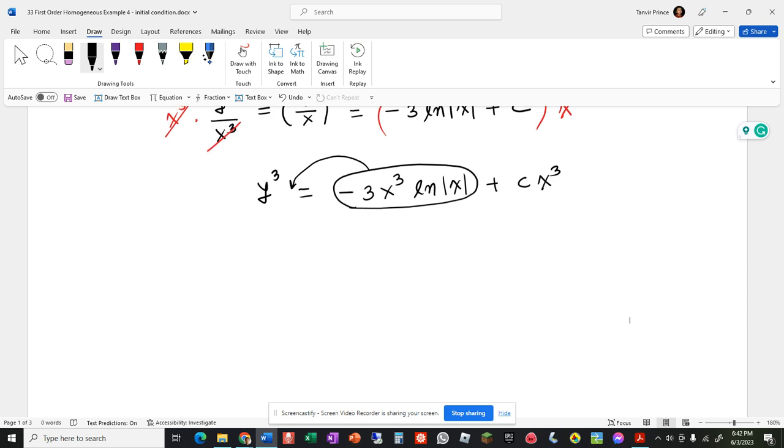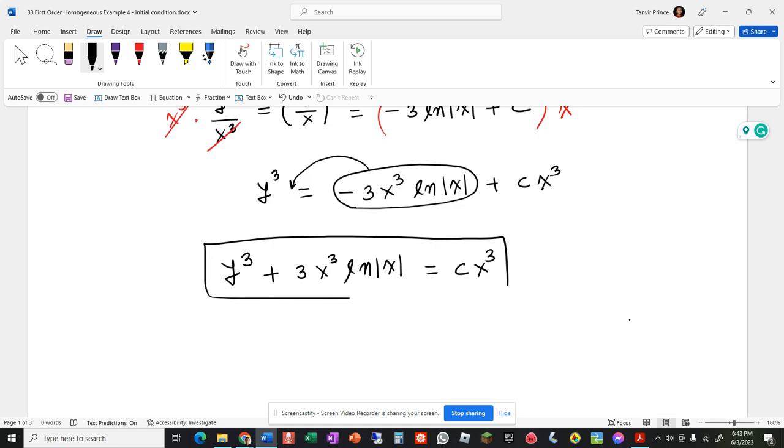So let's just write it this way. So y cube plus 3x cube ln x equal to cx cube. So that is the general implicit solution.